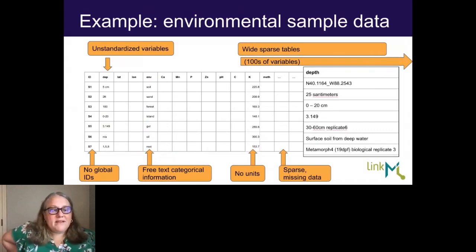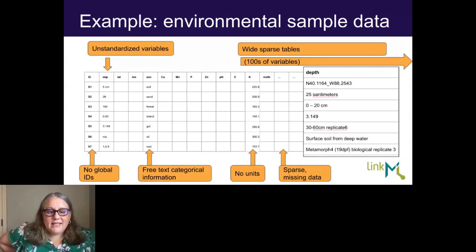So for example, this is a real life data example that we just dealt with in the National Microbiome Data Collaborative. It's another project that our group works on, and you can see that this is real data, right? It's captured in a spreadsheet. It has unstandardized variables. It doesn't use global IDs.